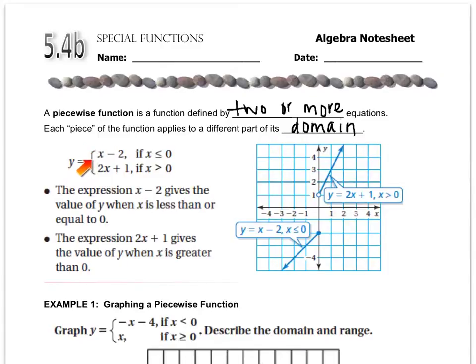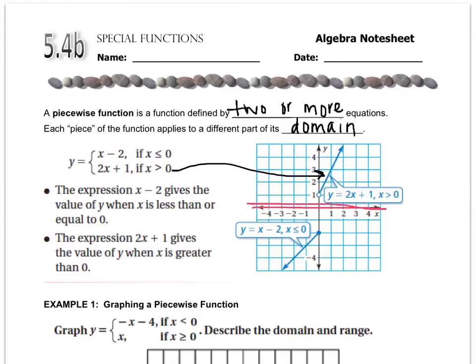And we use these fancy brackets that I think we've practiced in the past. If we haven't yet, then we'll practice them when I see you next. So this is what this piecewise function really represents. This 2x plus 1 part relates to this line when the x values are positive, the domain.